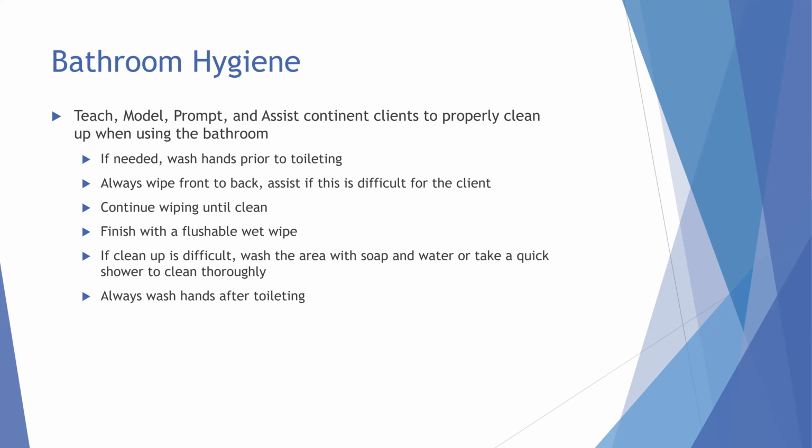If you're giving them guidance and prompting, they might not be able to follow those instructions, especially if they're using the restroom alone and taking care of their own peri care and hand washing. They might not be doing such a great job simply because they don't have the capacity to recall instructions or follow directions very well.